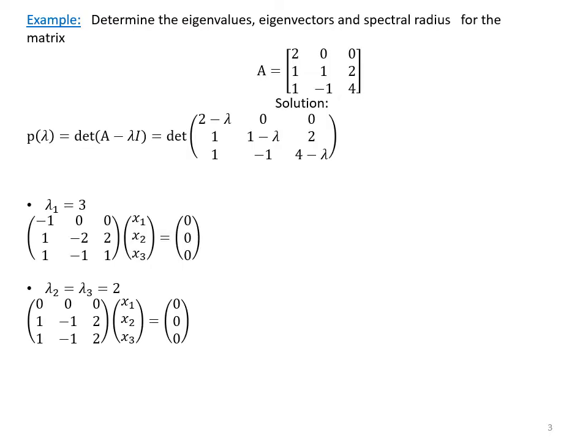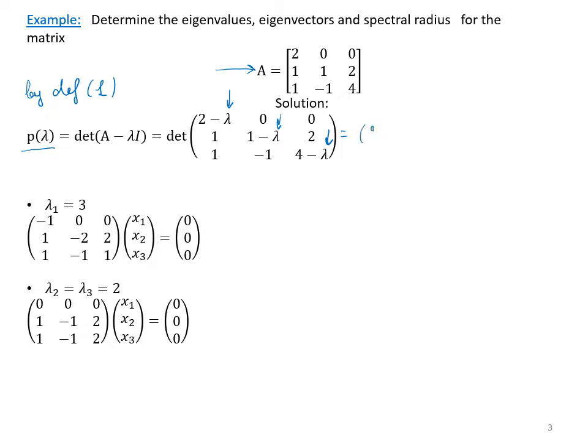First, let me remind you how to calculate the eigenvalues, eigenvectors, and spectral radius for a particular matrix. Let's consider matrix A. By definition 1 from the previous slide, in order to find the eigenvalues of our matrix A, we should construct the characteristic polynomial P. In order to do that, we simply subtract lambda from the main diagonal of our matrix A and compute the determinant.